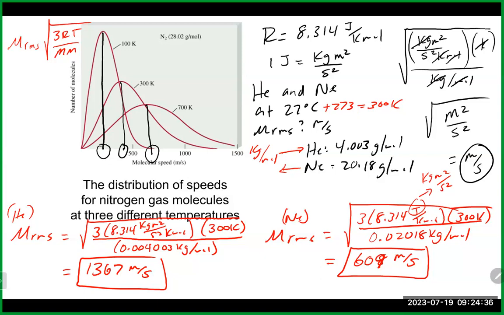So it's moving much, much faster than that. Any questions on that calculation there? This does relate to the problem we saw earlier, where helium was coming in at about 12.4 atmospheres versus the 2.4 atmospheres that neon was contributing in that particular problem. Any question on root mean square velocity here?